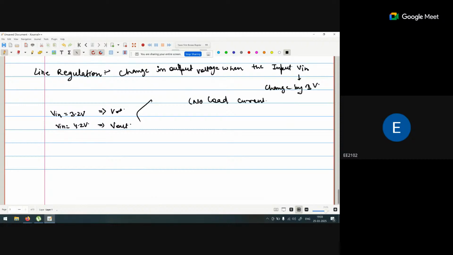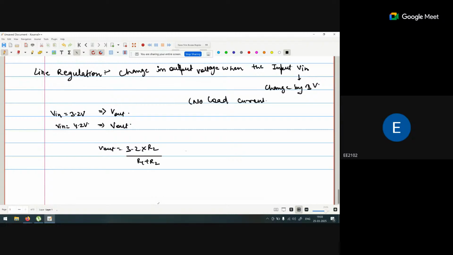With the resistance values, if we have 3.2, V out is 3.2 into R2 upon R1 plus R2.